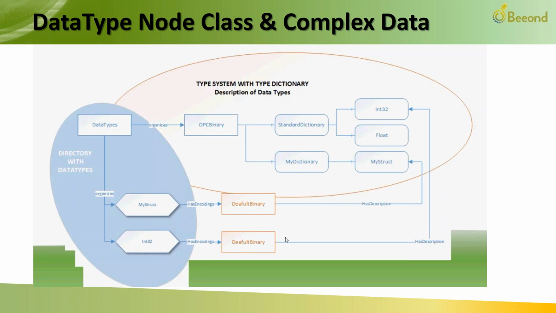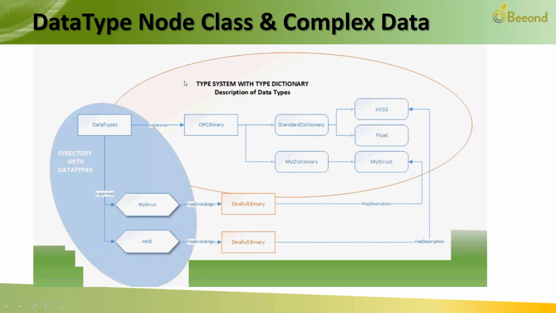And that allows you to describe a very complex data structure. So the data types are basically this big dictionary that describes those object definitions. And data types can describe complex objects that are then used in variable types or in methods.